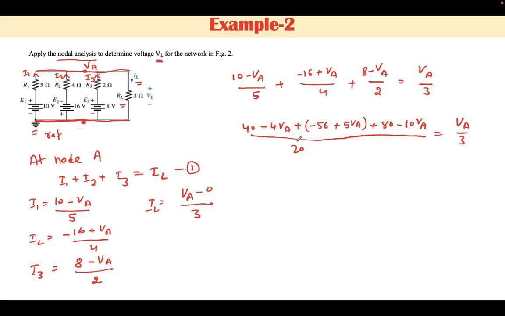Now further simplifying this network, this is 80.